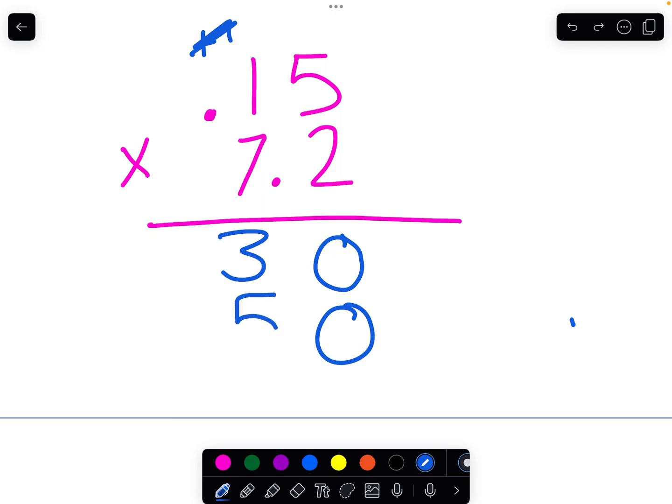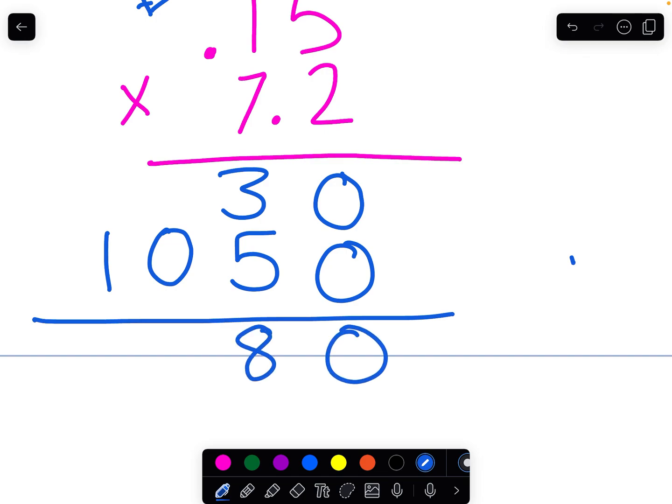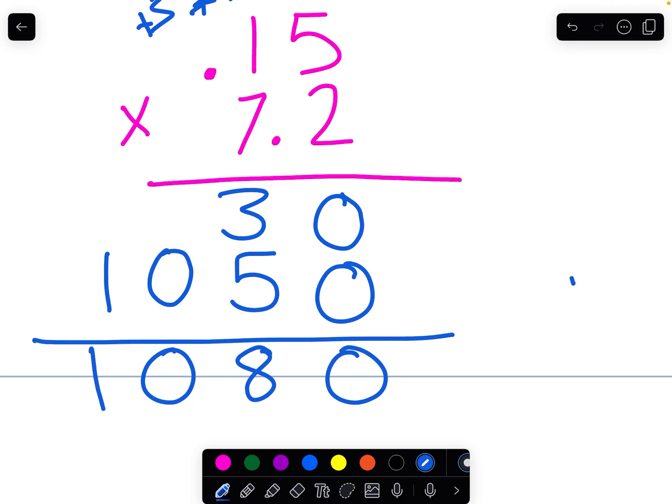That's 35. I'm going to carry the 3 here. Now I'm going to multiply 7 times 1. That's 7. Add 3. That's 10. Now I'm going to add these numbers up just like I would if I didn't have decimals in my problem. And you can see I have the number 1080, but I haven't applied the decimal points.